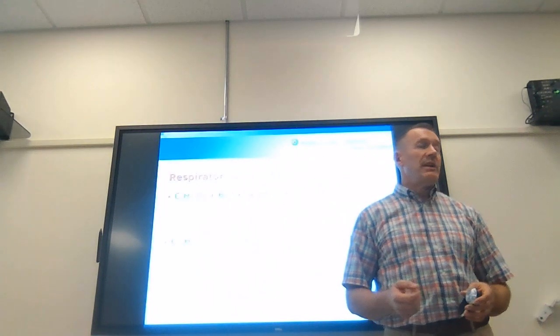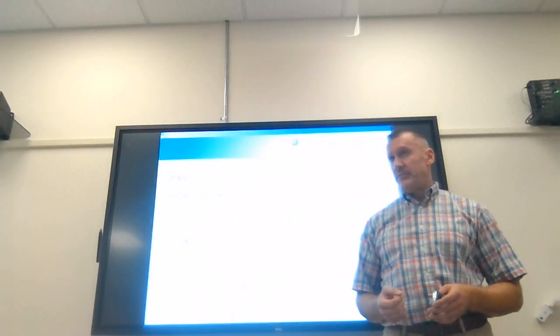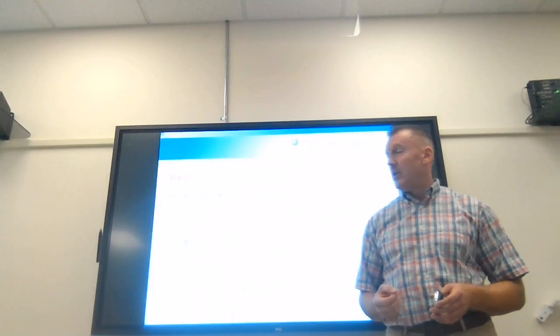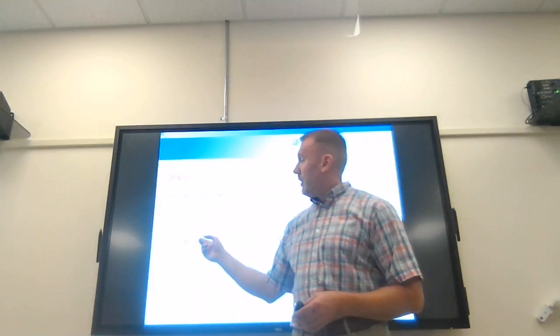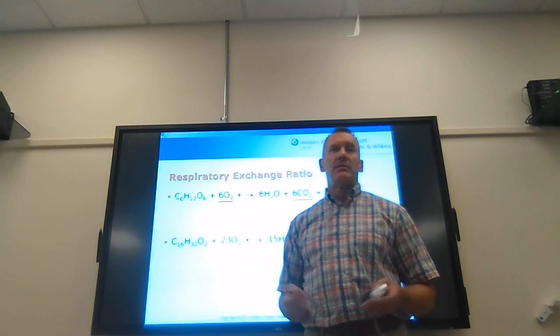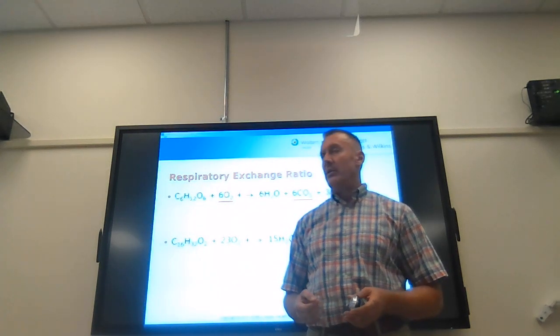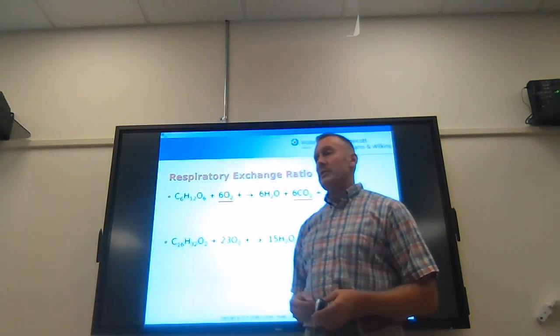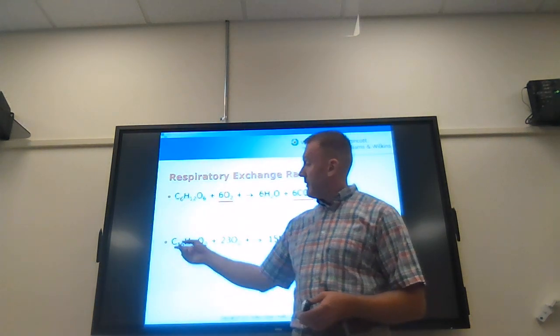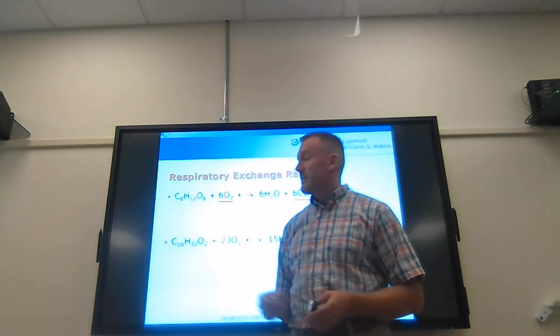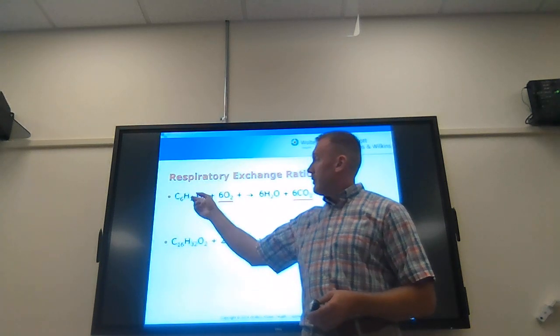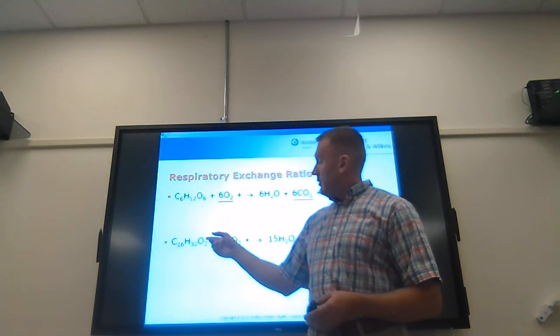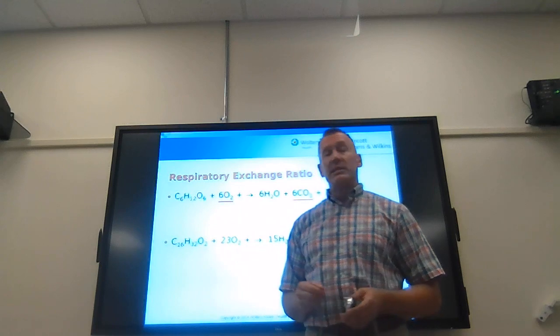Say, for example, we're using 100% fat to fuel a given activity. This represents one molecule of palmitic acid, a very common fatty acid. Different chemical compositions, so take a look: 16 carbons versus 6, 32 hydrogens versus 12, 2 oxygens versus 6.